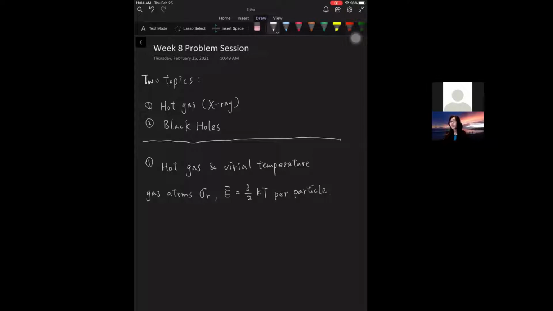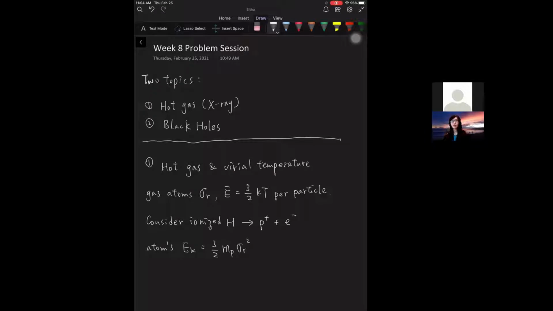Now let's consider only the ionized hydrogen, which is the most dominant component. So we only consider a proton and an electron for each atom. The atom's kinetic energy can be represented as 3/2 the proton mass times sigma r squared.